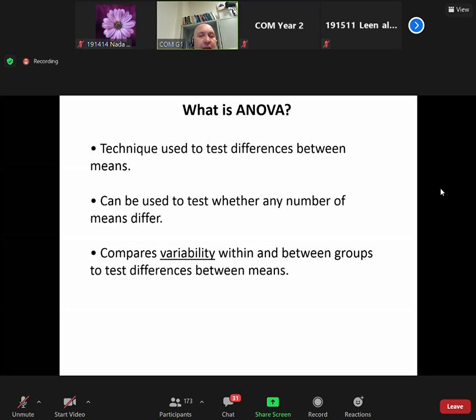Let's say we only had 3 groups and we wanted to compare the scores in those 3 groups. It looks at the variability that we see within each of the 3 groups, and also the variability between the groups, so how the group means differ. And that's how it tests the differences between the means.